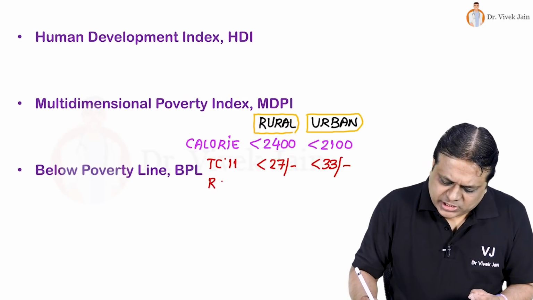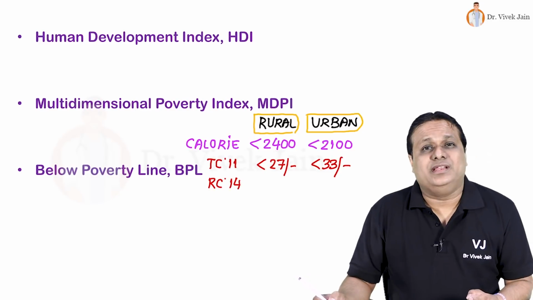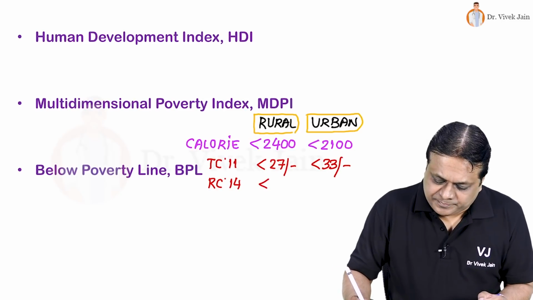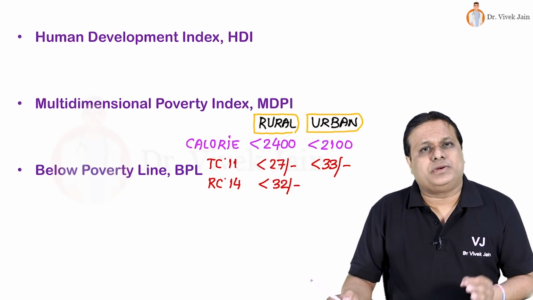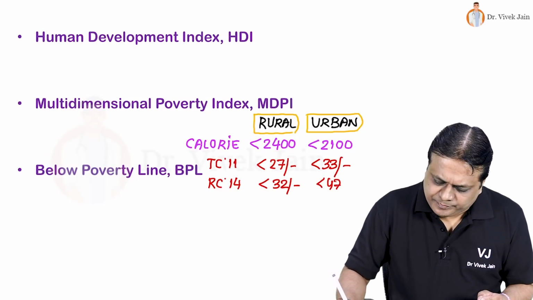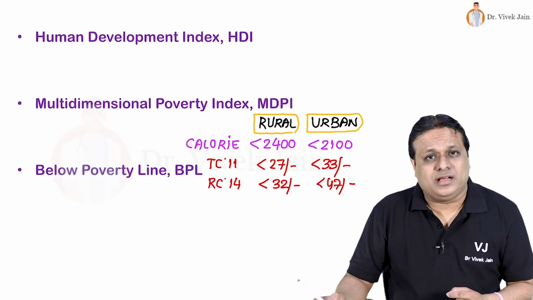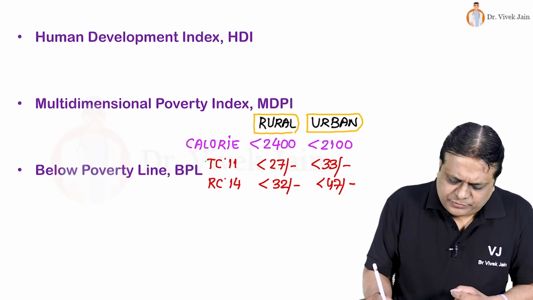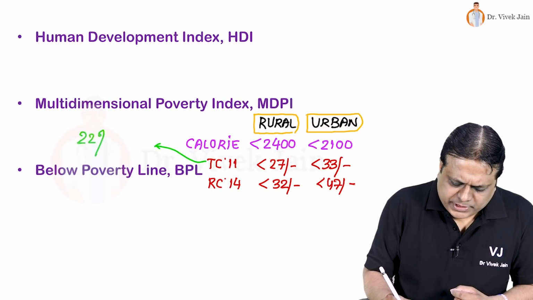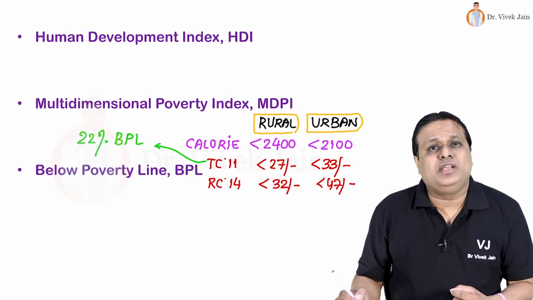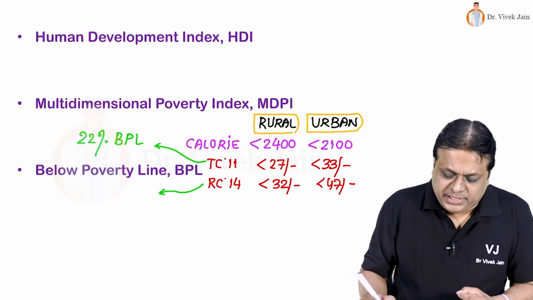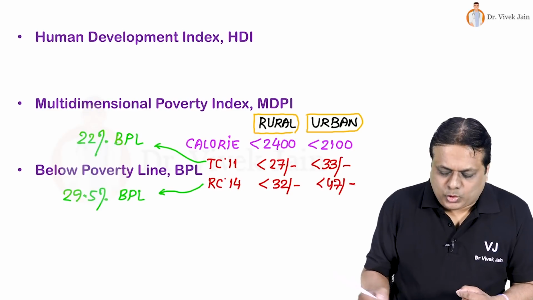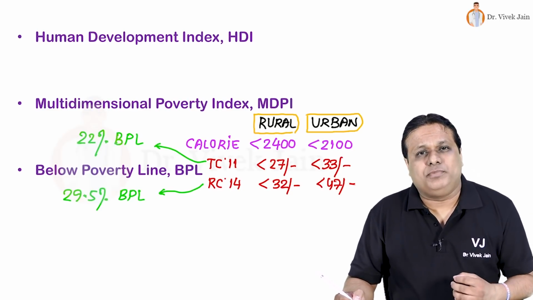Similarly, Rangarajan Committee in 2014 set the poverty cutoff as a person having an income less than 32 rupees per day in rural area and less than 47 rupees in urban area. By these committee cutoffs, Tendulkar Committee found 22% of Indian population living below poverty line, whereas Rangarajan Committee found 29.5% population below poverty line.